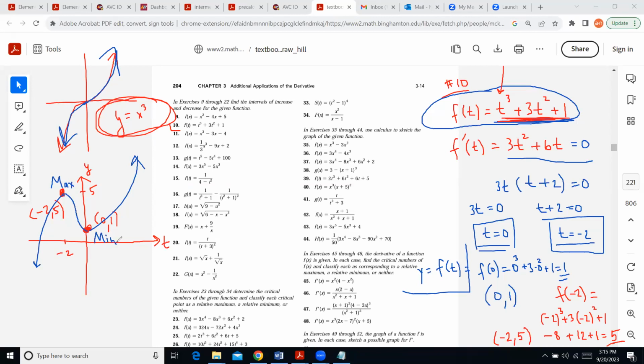So with these 2 special key points, we have a very good idea how the graph is going to look like. And the whole, I guess, procedure starts when you take the derivative and make it equal to 0. And that's, I guess, the most important part of the story.